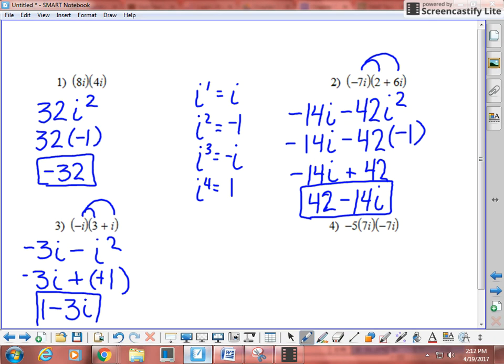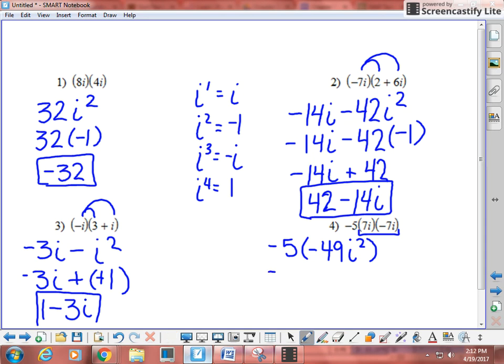The fourth one over here, what I would do is multiply the first two together. Actually, no, I would go a different route than that. I'd multiply the imaginaries together first, so I'm going to leave that 5 for later. I multiply these two together, and I get negative 49 i squared.